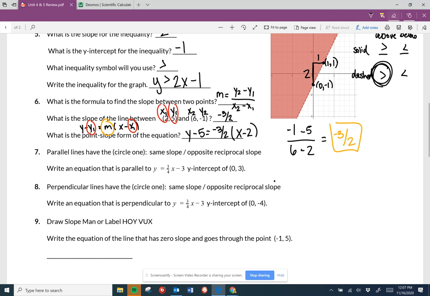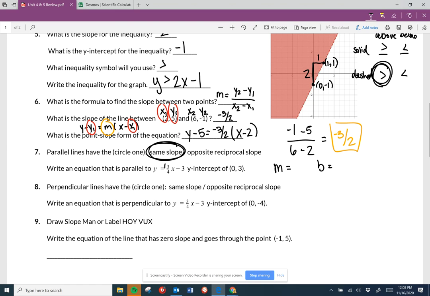Now we're going to look at number 7. It says parallel lines have circle 1, the same slope or the opposite reciprocal, okay? And they have the same, parallel lines have the same slope, right? And then it says, write an equation that's parallel to y equals 3 over 4x minus 3 with a y-intercept of 3, okay? So to write the equation, we need the m and we need the b of that line, okay?